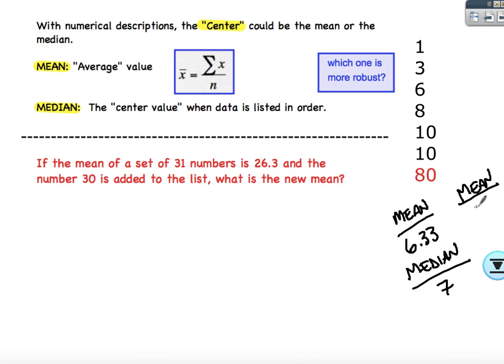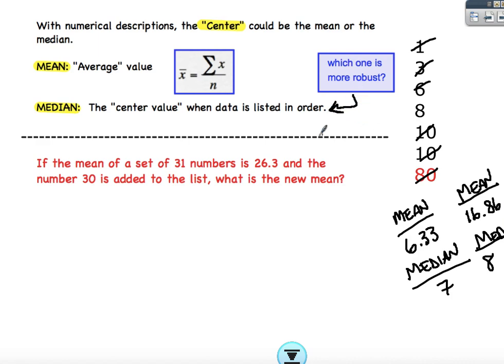And now my mean is 16.86. And now what is the median? Okay, now if we do the canceling off thing, my median is 8. So which of these didn't change as much? The median didn't change very much. That is the one that's robust.